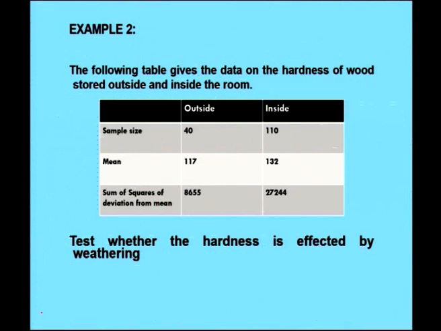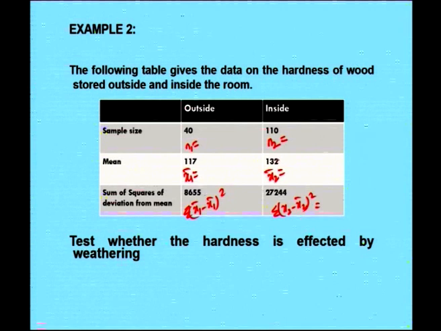Let me represent the values here itself. N1 is equal to 40, N2 is equal to 110, x1 bar is 117, x2 bar is 132. Summation x1 minus x1 bar whole square is equal to 8655, and summation x2 minus x2 bar whole square is equal to 27,244.